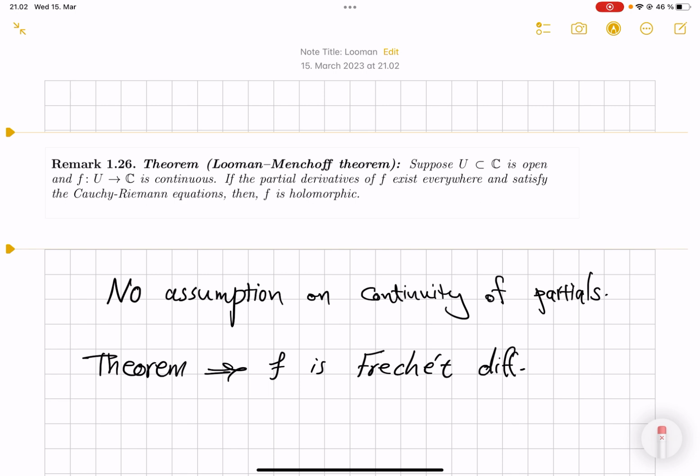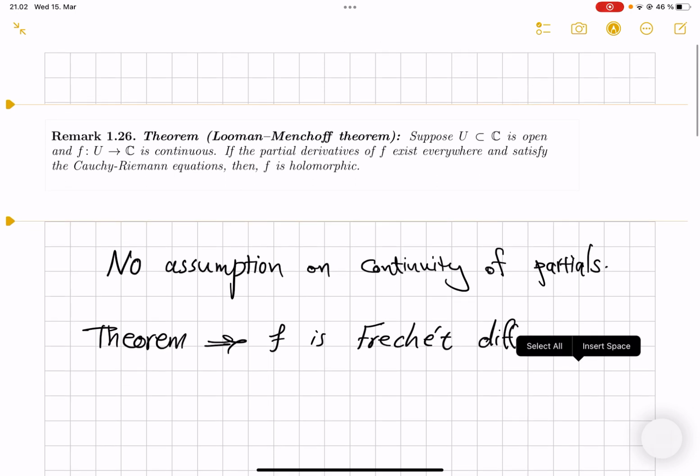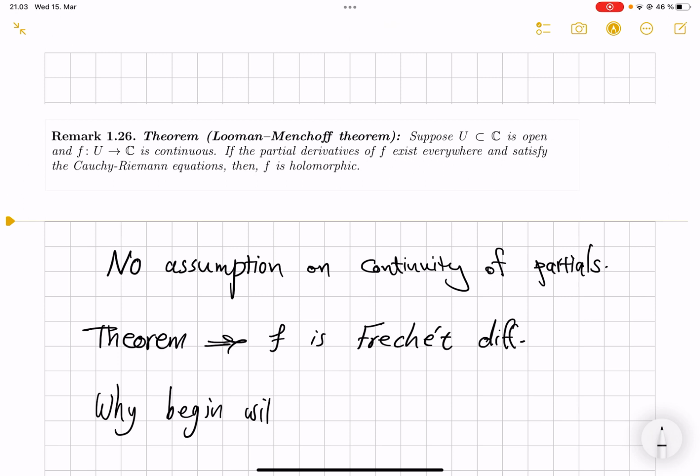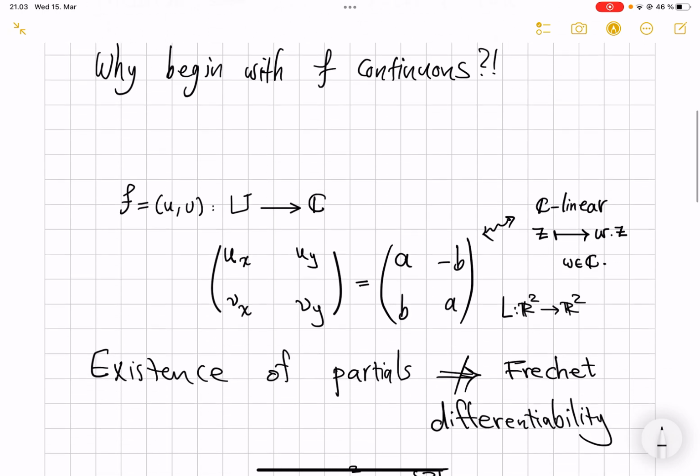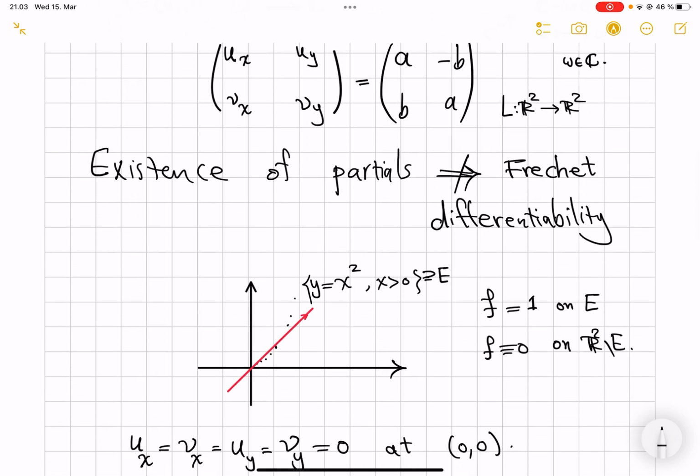Another small thing that you may not pay too much attention to is why begin with f continuous? Because you're assuming that partials exist. Doesn't that imply continuity of f? No, I just gave you the example.